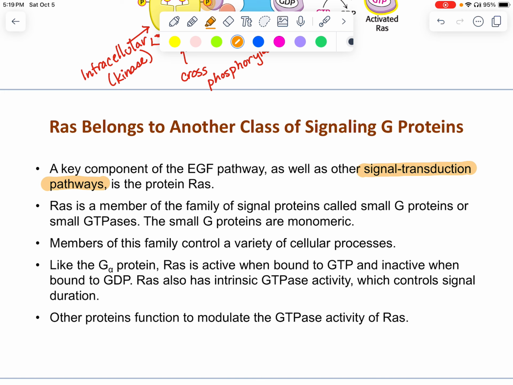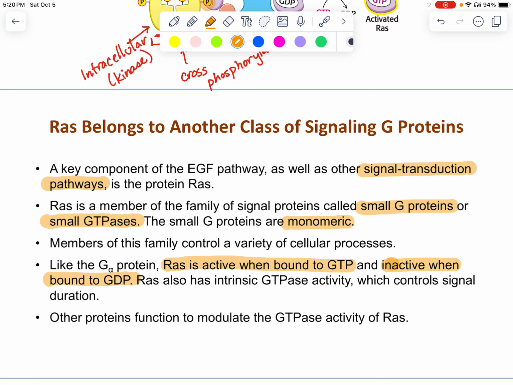Okay, it's a member of a class called small G proteins, or small GTPases. And they're called small because they're monomeric. Remember, the G proteins we looked at in the last video were trimeric. All right, so members of the family control a variety of cellular processes. And again, it is active when it's bound to GTP, inactive when bound to GDP.